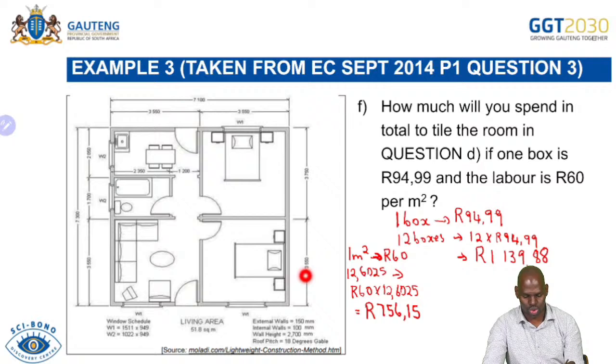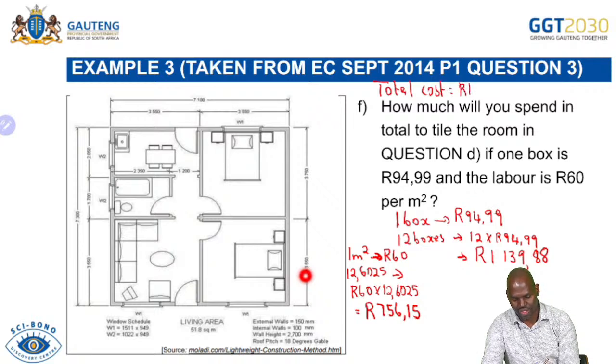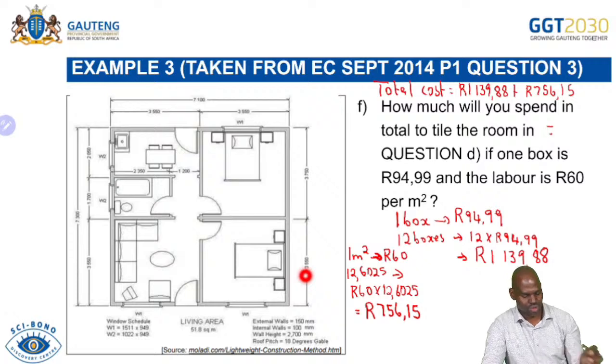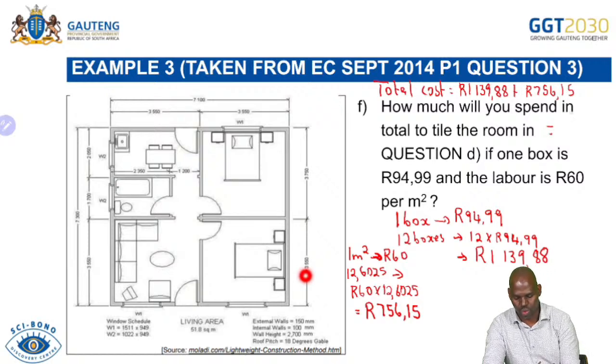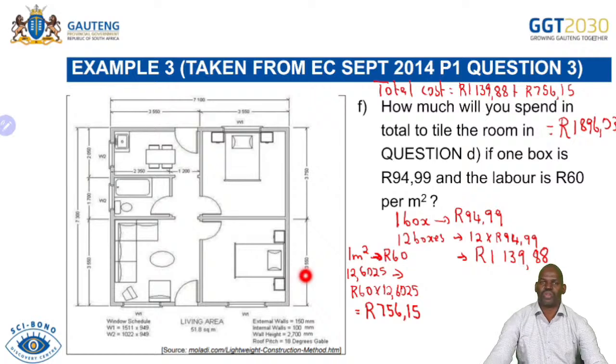So therefore, the total cost is 1,139 rand and 88 cents plus 756 rand and 15 cents. Okay, so 756.15 plus 1,139.88. So the total is 1,896 rand and 3 cents.